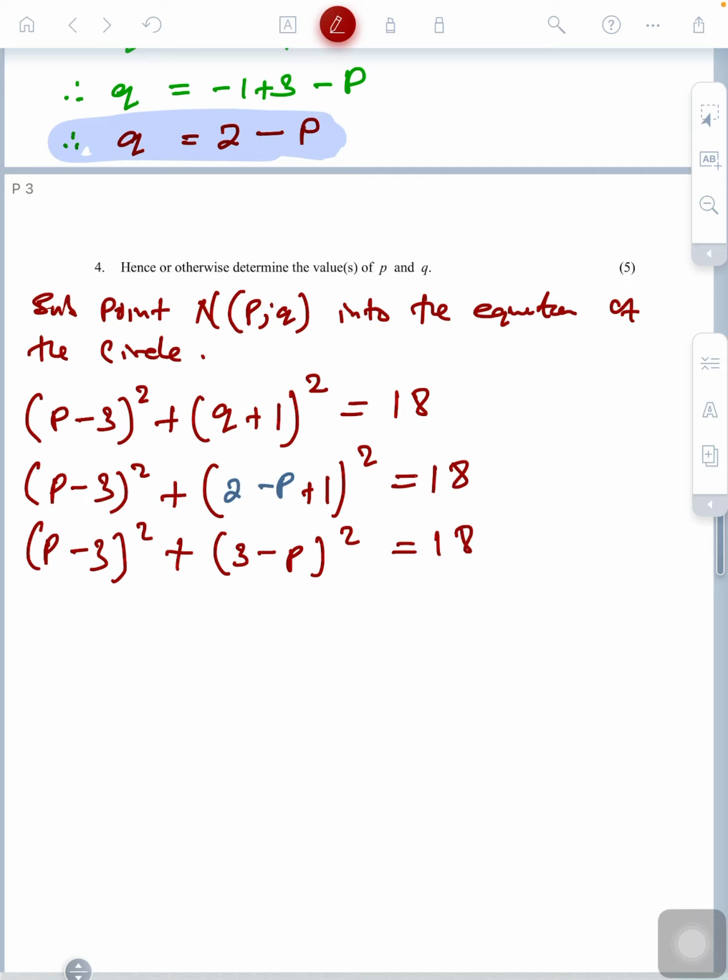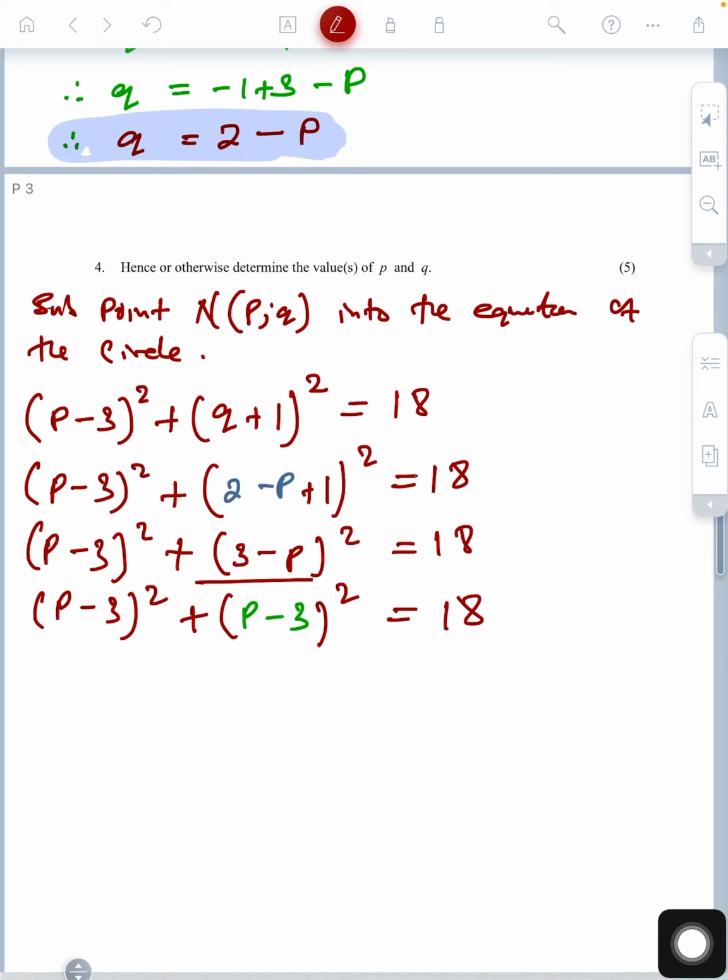I don't have to really stress out. I can do it like this. This is going to be (p minus 3) all squared, because this one looks like it's the same as that one but with the opposite sign. So you can say to yourself that is basically the same as (p minus 3), and then I have to square that, equals 18. Some might ask me, how do I get that?